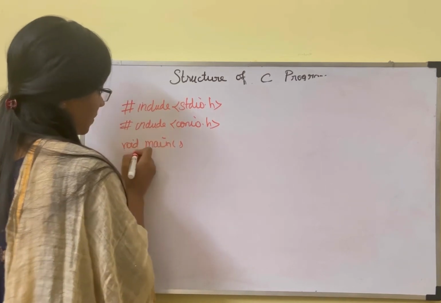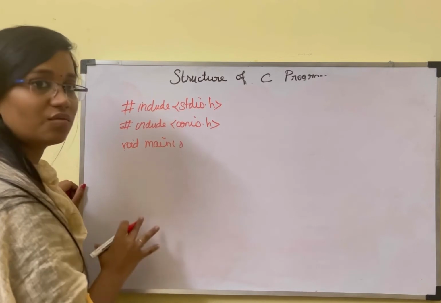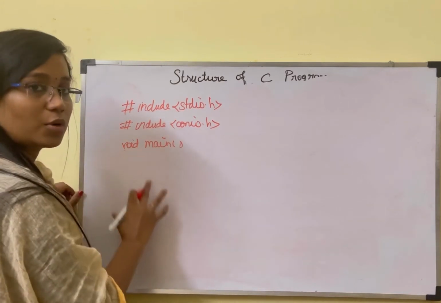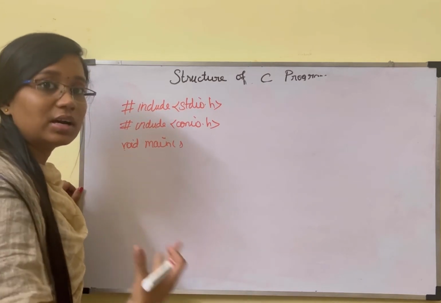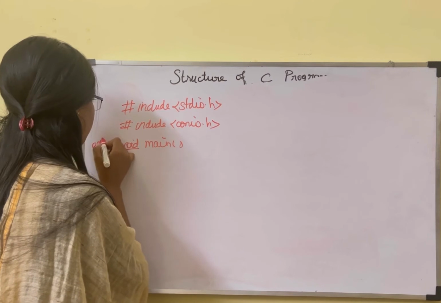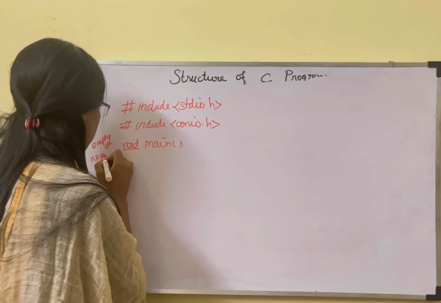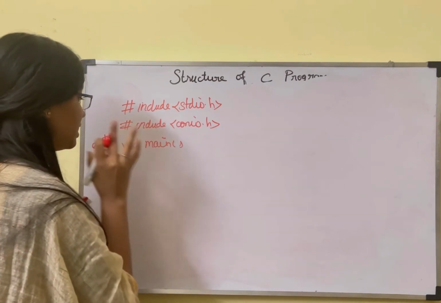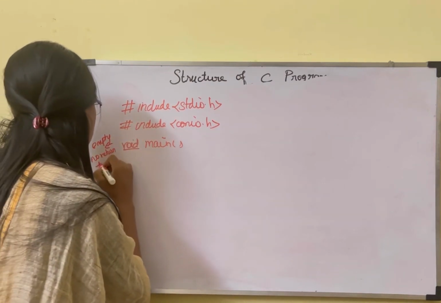Void is a return type, which means there is no return word in my program. To simply say, the program will not return any value. That means void. Void means empty or no return type. While we are using it in the upcoming programs, we will understand exactly what void is for.